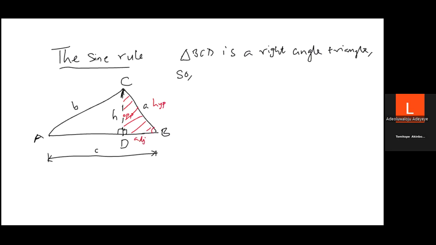So opposite over hypotenuse, those are the two parameters known. Opposite over hypotenuse will be sine B. Which implies that sine B equals opposite, our opposite is H, over hypotenuse, which is side a.